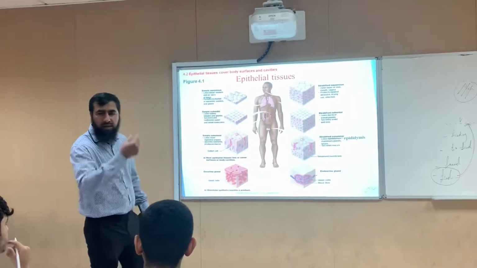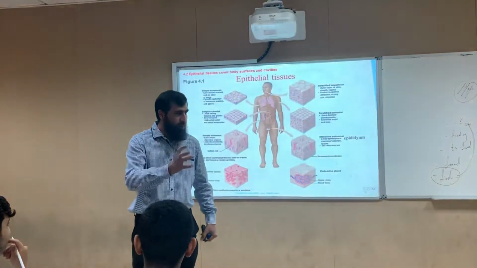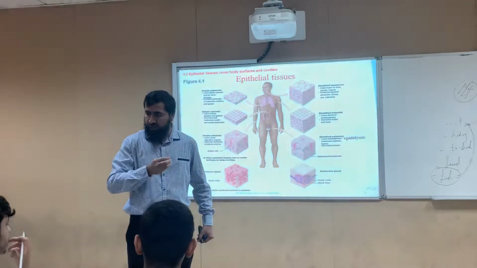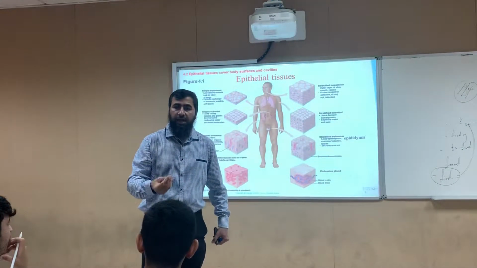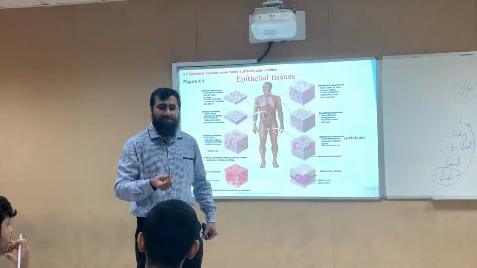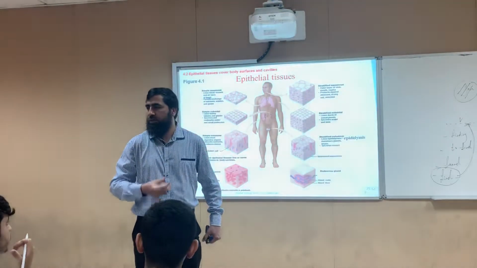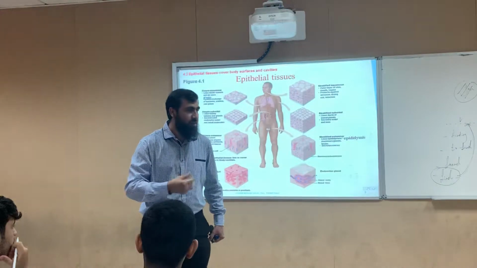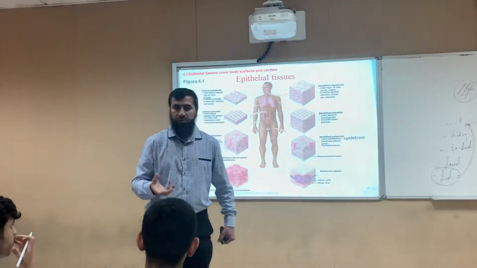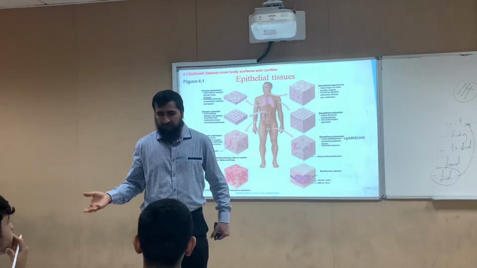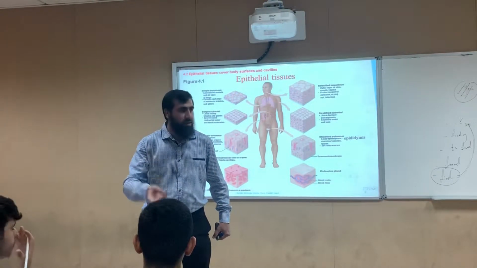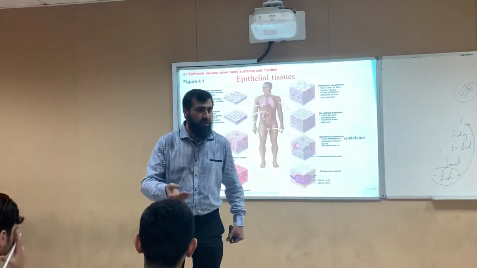Sometimes in the trachea, it helps to trap dust particles and pathogens, or in the digestive system, it helps you to protect against the acids and the digestive enzymes. Those digestive enzymes in your stomach break down the macromolecules of life: the proteins, the lipids, the carbohydrates, and nucleic acids.